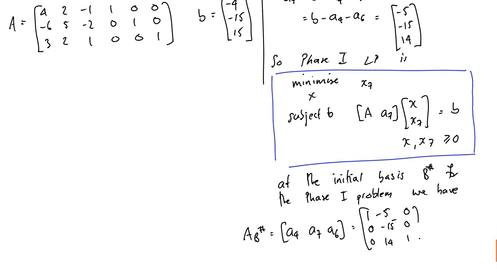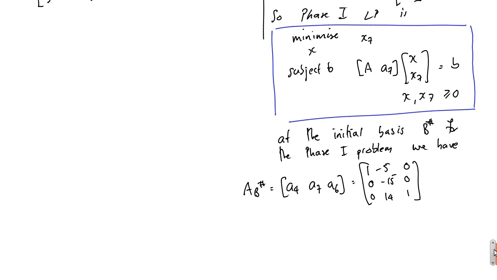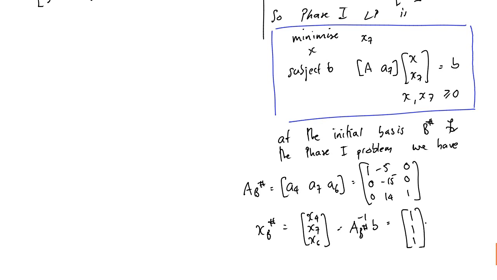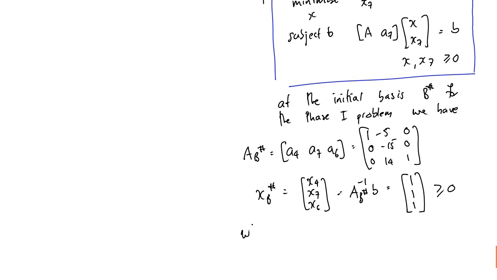And xB sharp, x4, x7, x6, equals A B sharp inverse b. Check for yourself in MATLAB by doing this matrix backslash b, and that should give us 1, 1, 1, which is greater than or equal to 0, feasible for the phase 1 problem as desired.